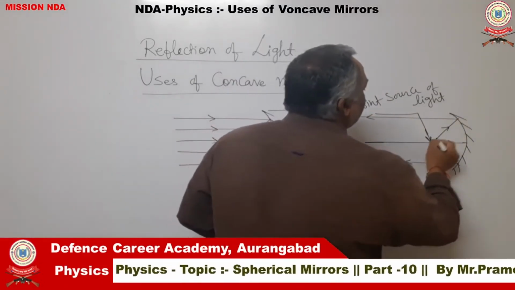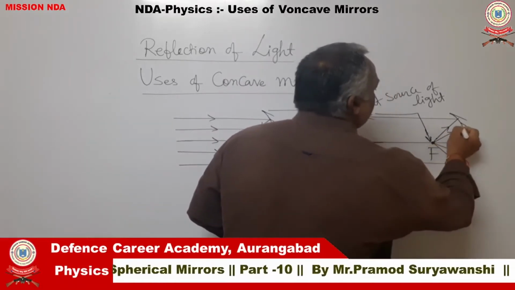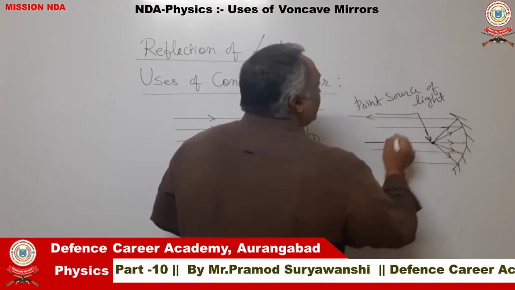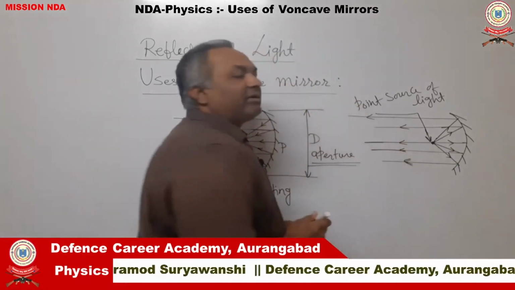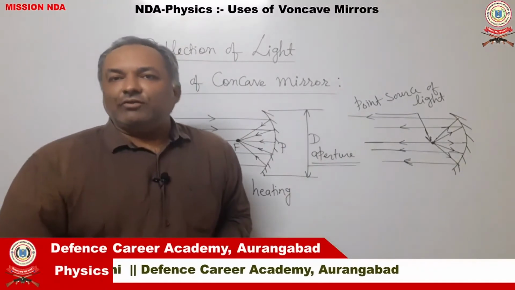So whatever the number of rays that are emitted by the source and are incident on the mirror, after reflection all of them will travel parallel to each other in the forward direction.